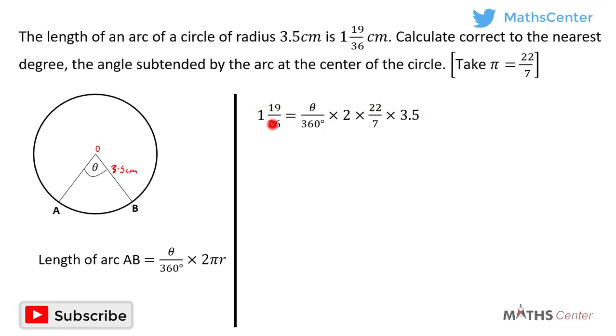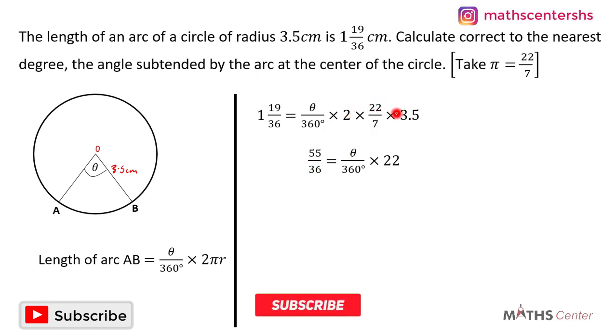I'm going to change this mixed fraction into an improper fraction. And when I do that, 1 19/36 will give us 55 divided by 36. And it will be equal to 2 times 22 divided by 7 times 3.5, which will give us 22.